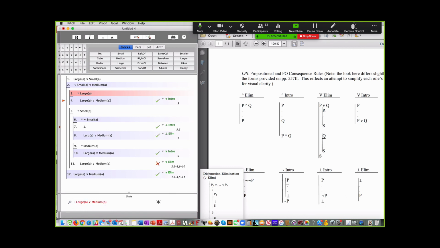Okay. All right. Now, let's look at what we've got. Everything checks out except line 11. Now, I see the error that I made. Why 11 doesn't check out, and it's not about line 11 specifically, right?